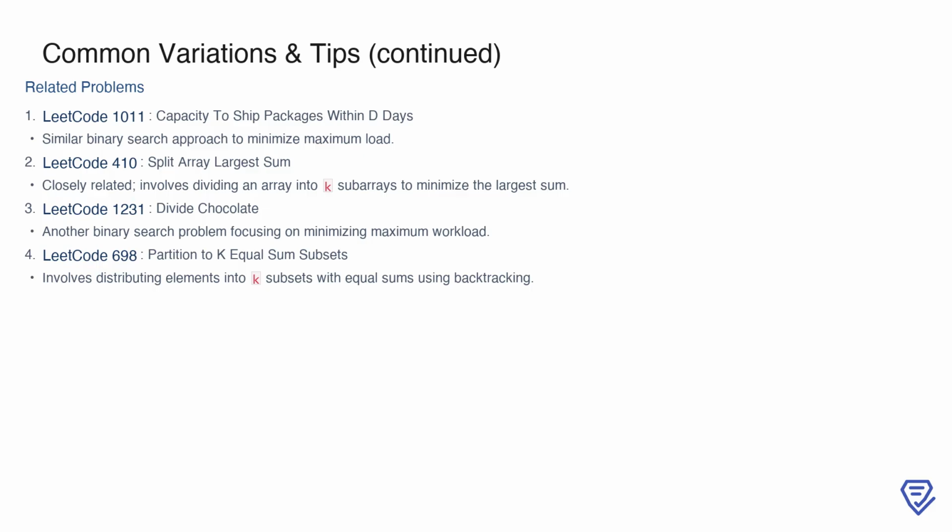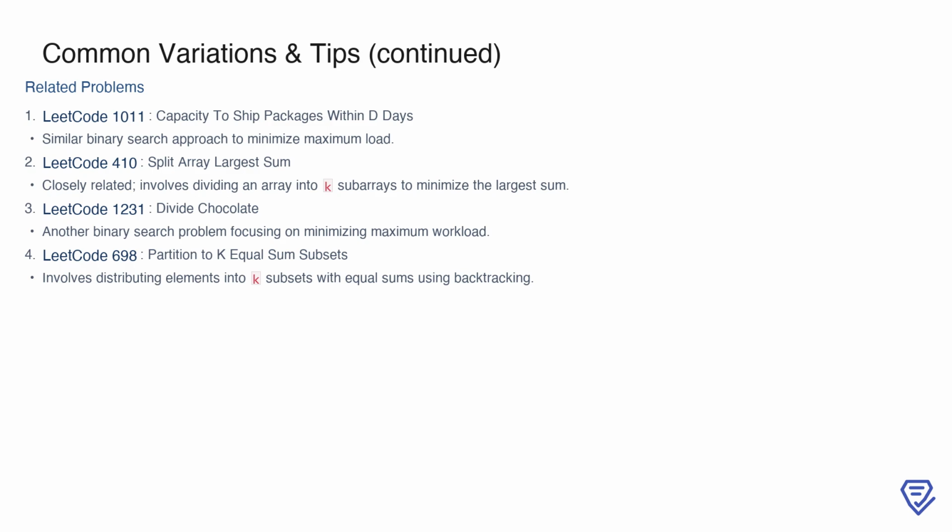LeetCode 1011, Capacity to Ship Packages Within D Days, uses a similar binary search approach to minimize the maximum load, making it highly relevant. Then there's LeetCode 410, Split Array Largest Sum, which is closely related as it involves dividing an array into k subarrays to minimize the largest sum.